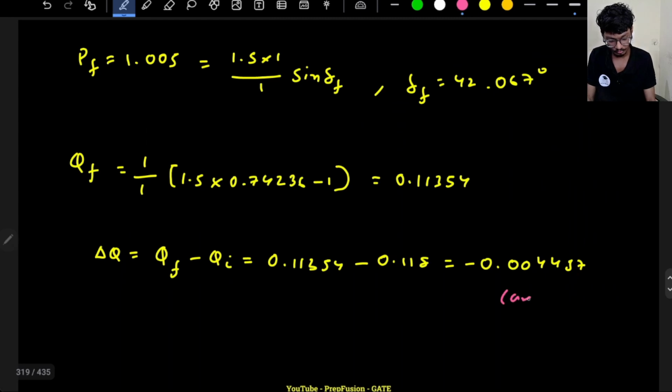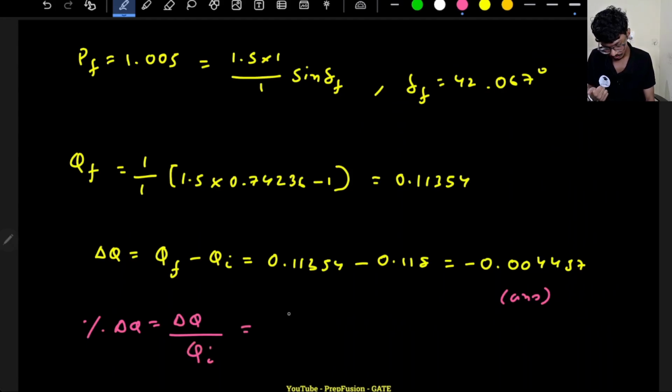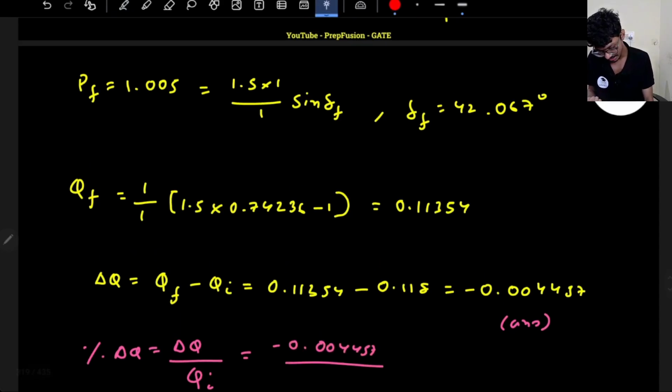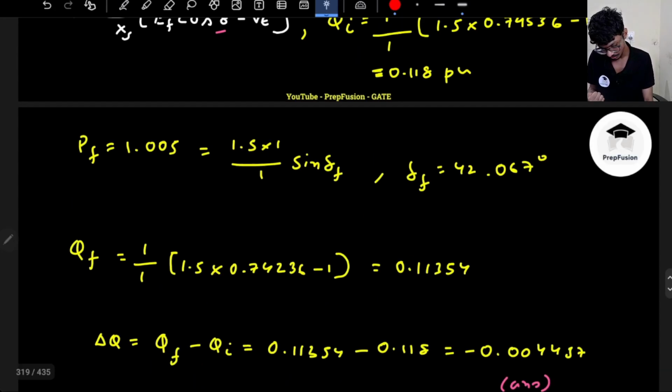But if in the question they had asked you the percentage change, so percentage change in delta Q will be what? It will be delta Q upon the base value, the initial value, right? So the change in delta Q, that is minus 0.004457, upon the base, that is the initial value. Sorry, this is the final.